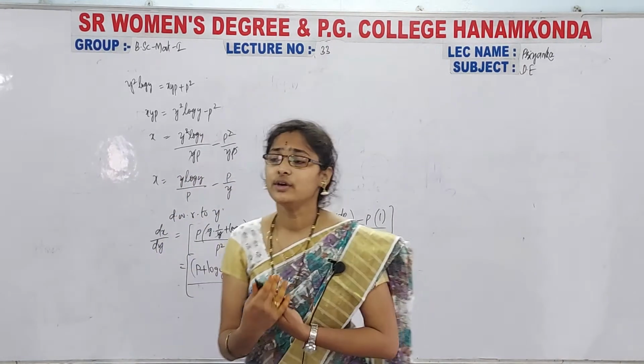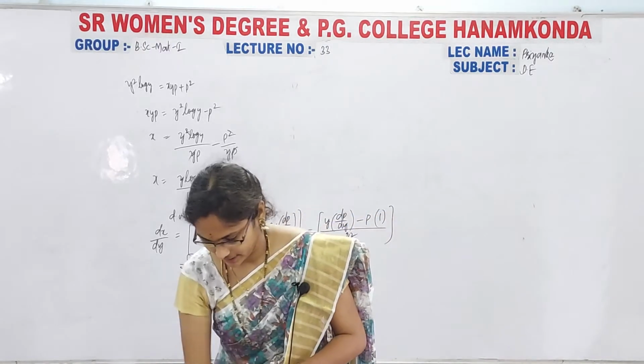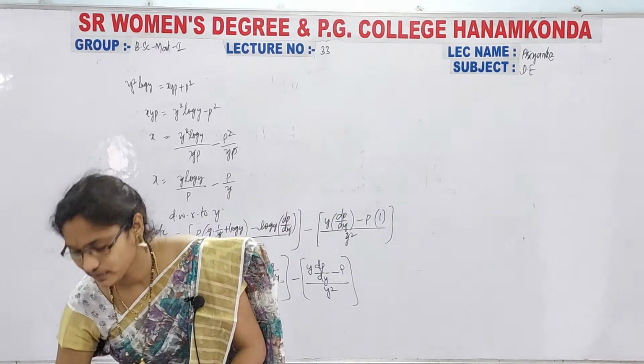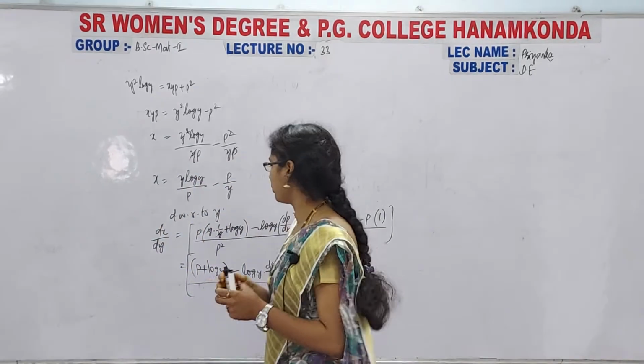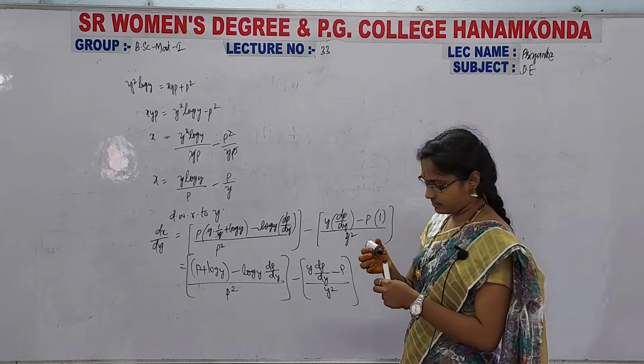Already what we know? We know that dy by dx is equal to p, and dx by dy means 1 by p. Now here I am going to take that value, and here I have a p and here I have a y square.